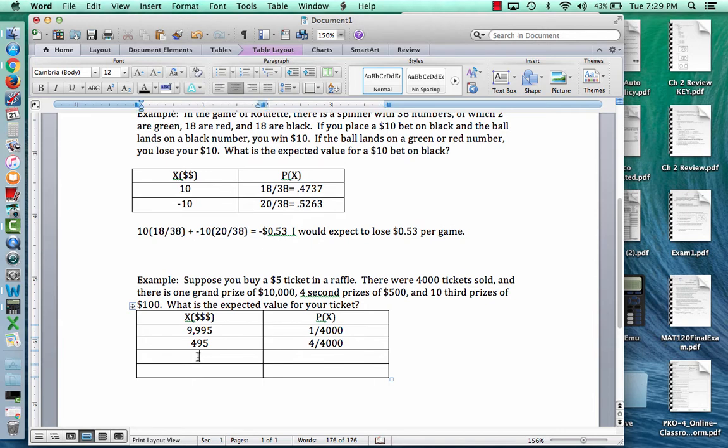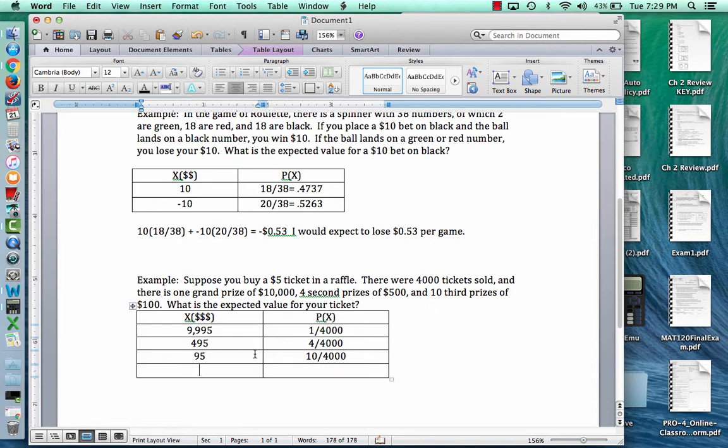Then there are 10 third prizes. If you win third prize, you get $100, so you'll win $95 because you've already paid 5. And there are 10 of those prizes out of 4,000.